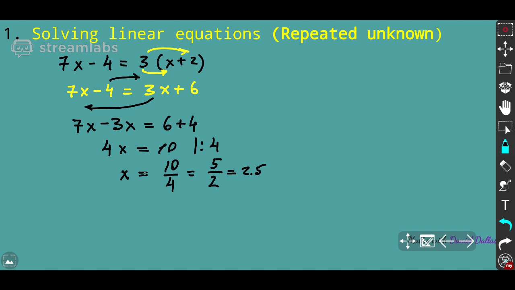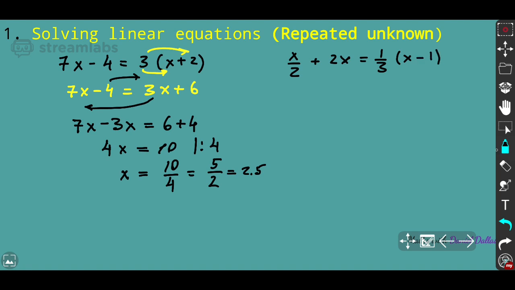So next part, what if you have a fractional coefficient? Let's say you want to solve this equation: x over 2 plus 2x equals 1 over 3 times x minus 1.